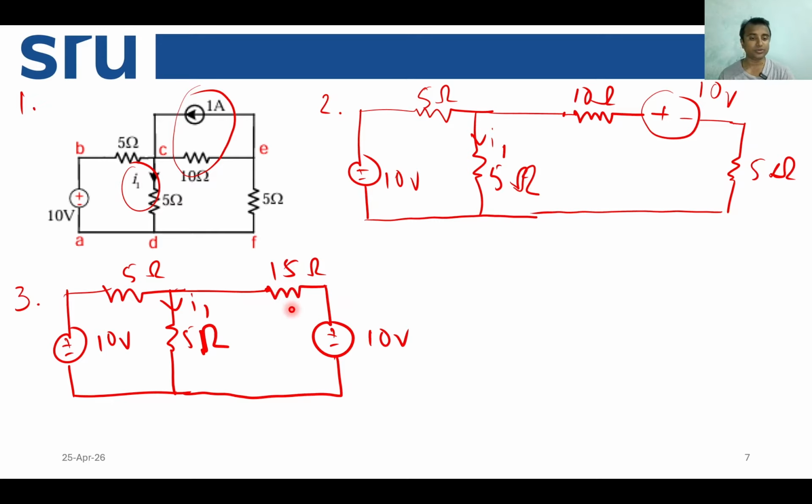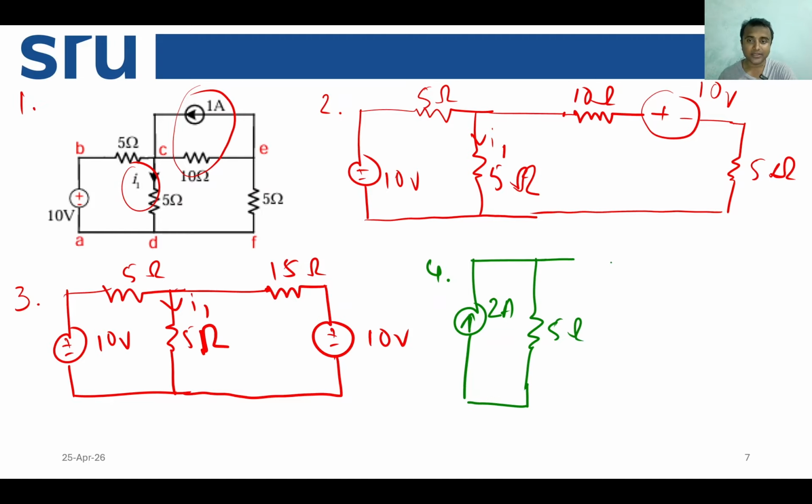Now how do we do that? So let us go into the fourth circuit, so we can convert this voltage and resistance into a current source and parallel resistance. So it should be a current source from down to top, and it should be 10 divided by 5, because V equal to IR. So it should be 2 ampere and 5 ohm resistance in parallel, then the target resistance.